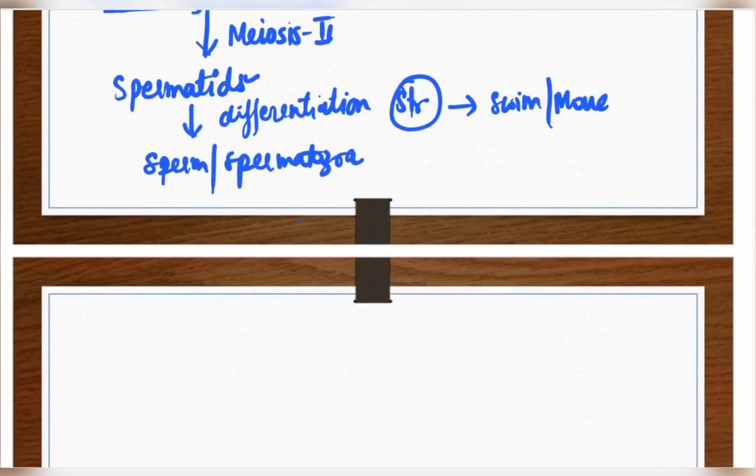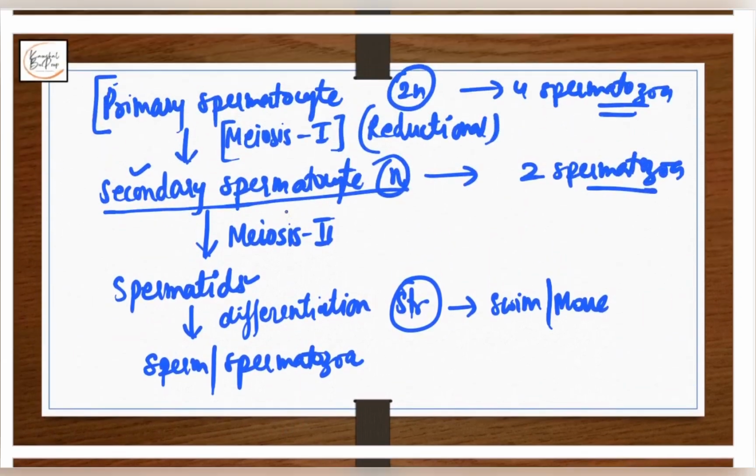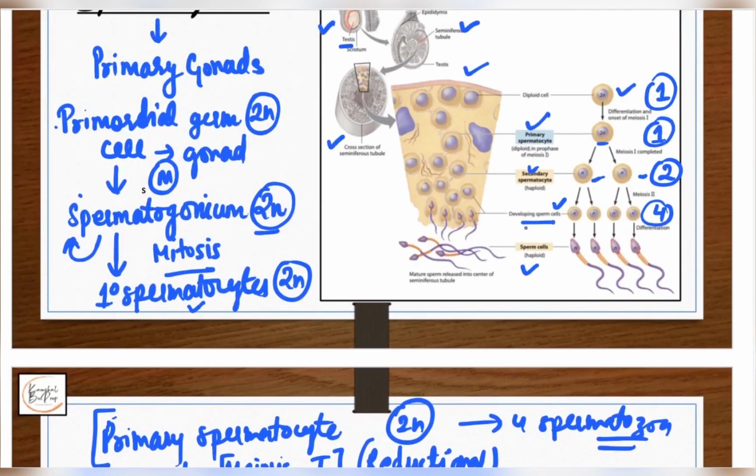Now, if you see the process very clearly, you can see mitosis and meiosis both are occurring. So first you need to understand in which cell what kind of division is taking place, which I have already explained to you very clearly, right? Secondly, when these cells are dividing, the cells need nutrition also.